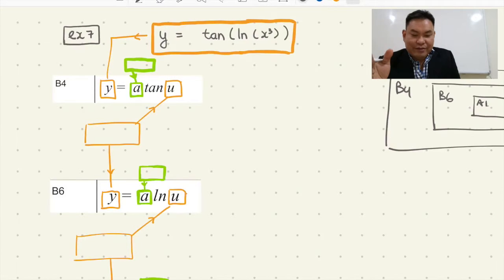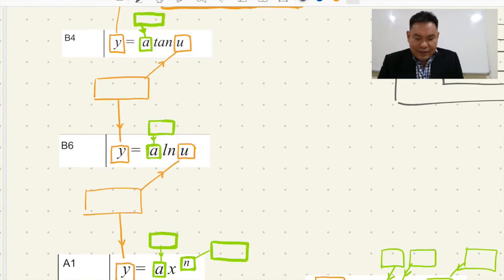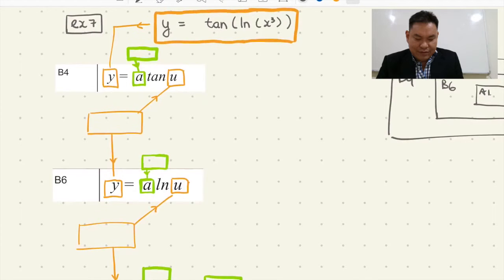Definitely you're going to use formula B4, right? y equals a tangent u, because in the question there is a tangent function. We are also going to use formula B6 because there is ln, so y equals a ln u. And the third one, we are going to use formula A1 because there is x cubed there, y equals a x power n. So we know which formulas to use already.